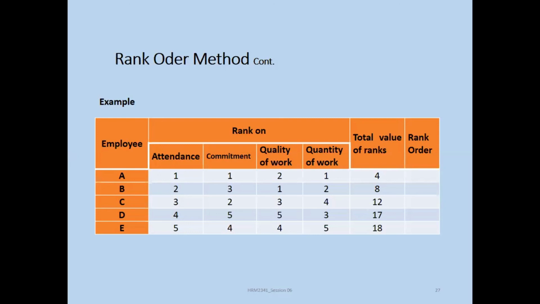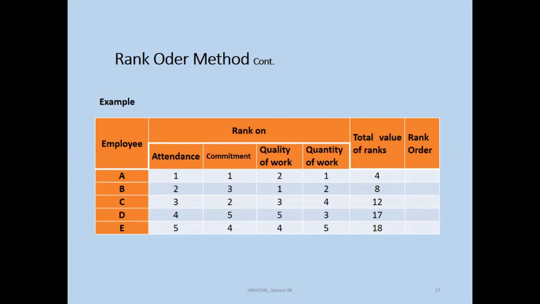For employee D, the cumulative value of the rank, 4 plus 5 plus 5 plus 3, is 17. For employee E, it is 5 plus 4 plus 4 plus 5, 18.